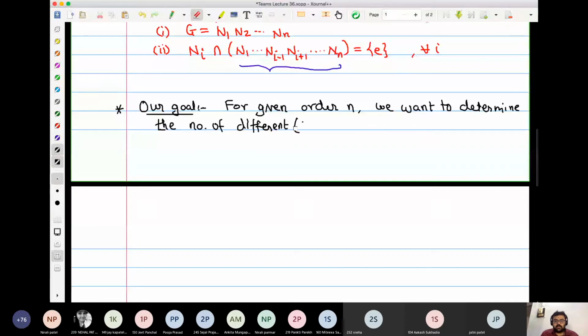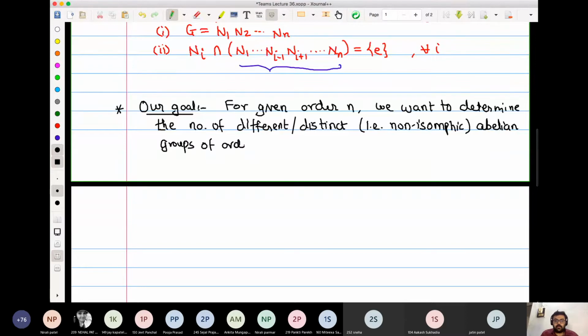Different means distinct, that is, non-isomorphic. So for any given integer n, we want to determine the number of non-isomorphic abelian groups of order n. How many will there be?